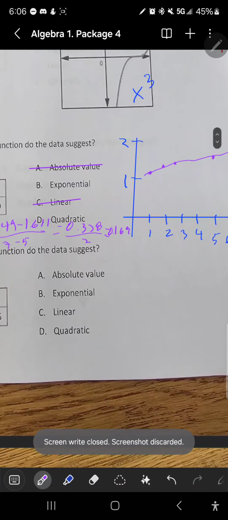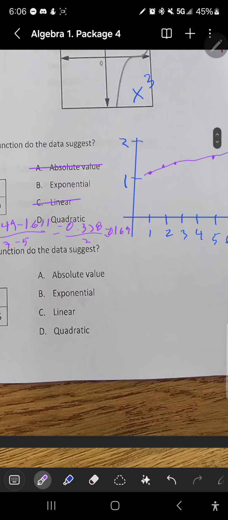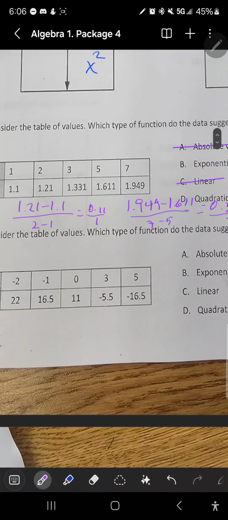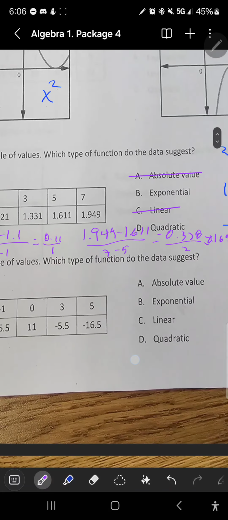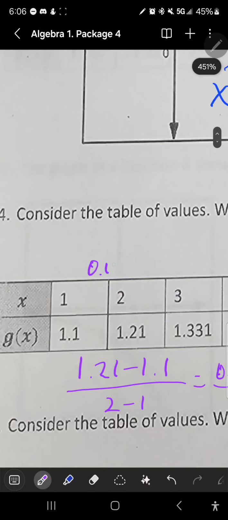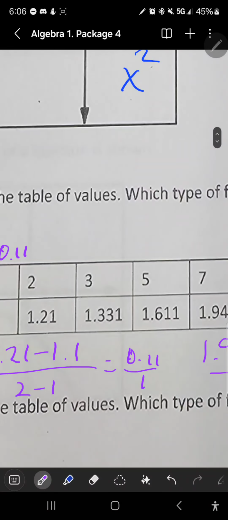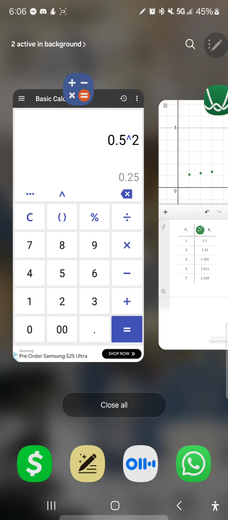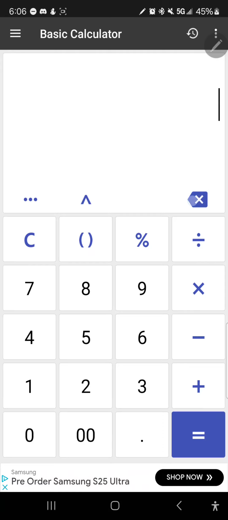Because for quadratic, the ratio of the slope should be increasing at a fixed rate. So we basically need to calculate the ratio of all the slopes. So the first slope is 0.11. The second slope, we can just go to our calculator. It's a lot easier to do in the calculator.